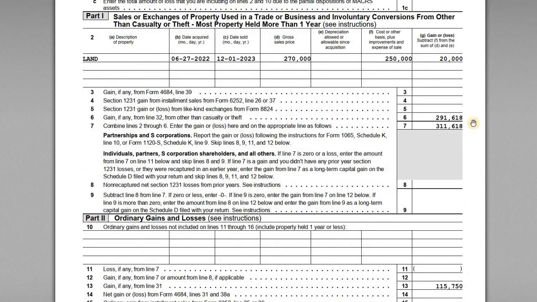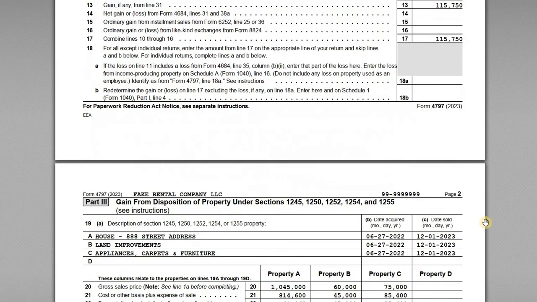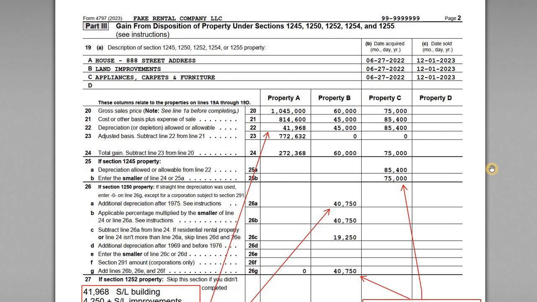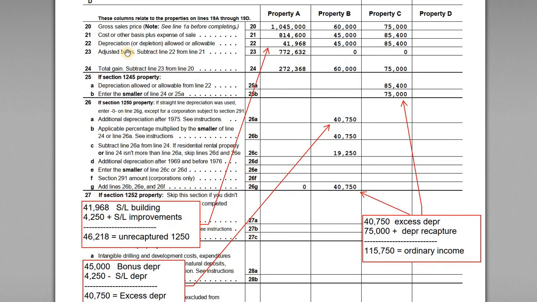Now that we've covered where the $311,618 goes and the $115,750, the last item is the unrecaptured 1250 gain. So the unrecaptured 1250 gain is again the straight line depreciation on the building, and then the straight line depreciation on the improvements that's within this number, right? So that's the $4,250 of straight line improvements that should be included in there.